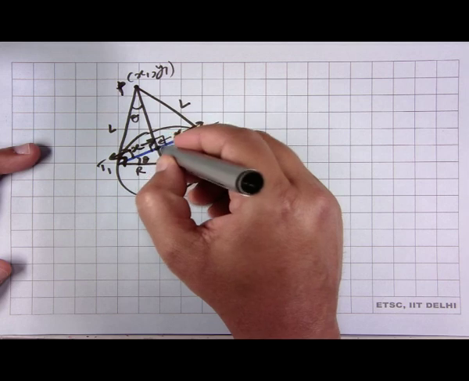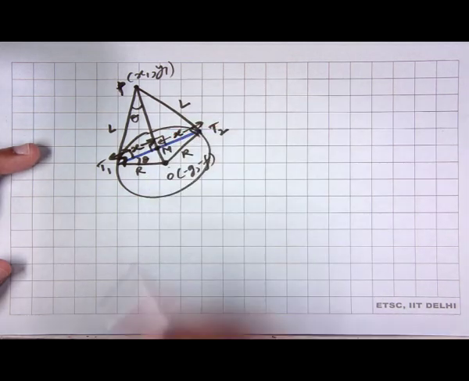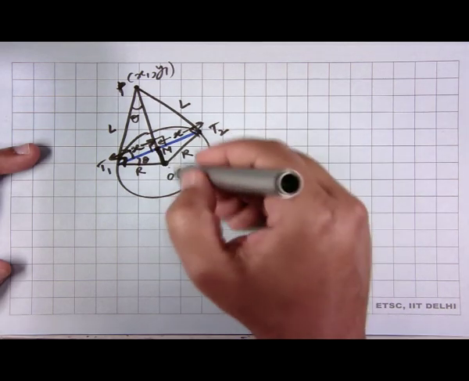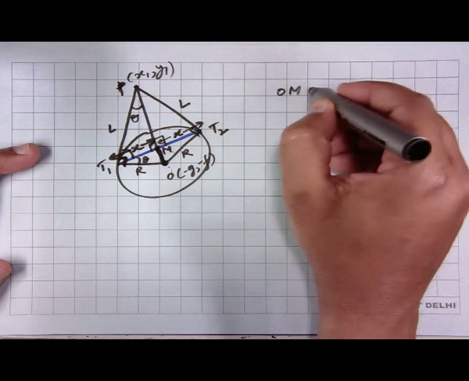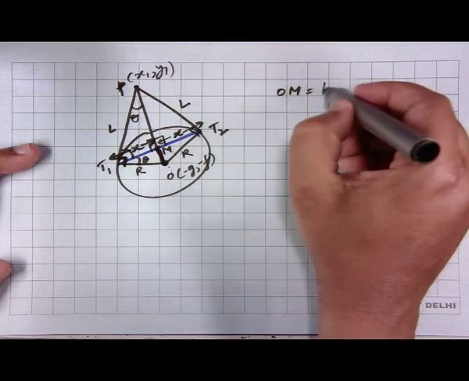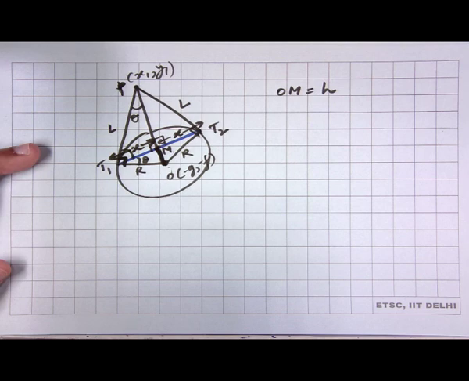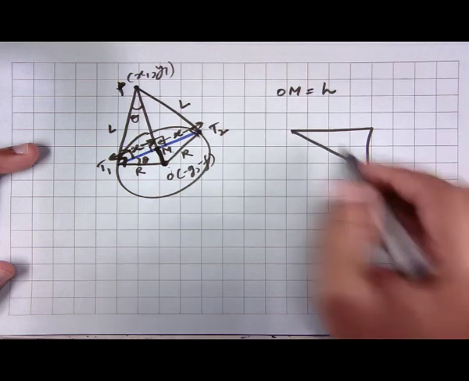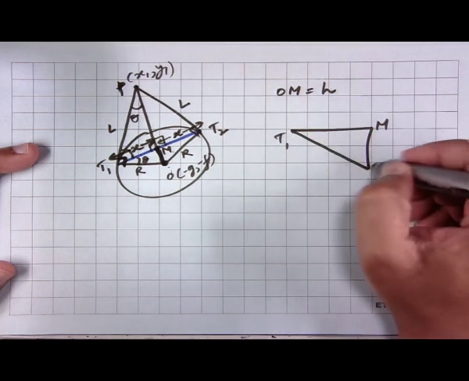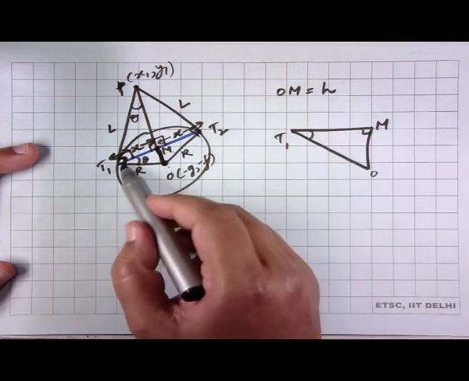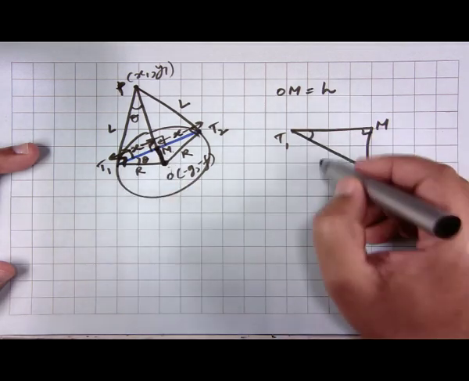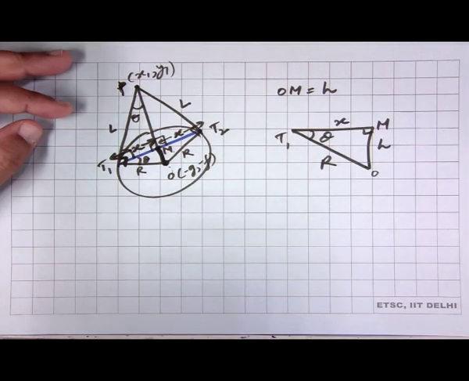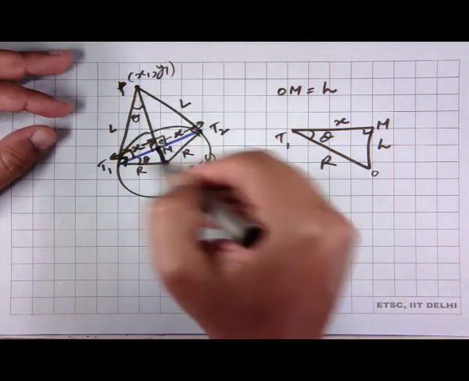So, let this midpoint be M, and let us denote this small length OM by H. So, we have this triangle T1MO, and we also have the triangle PT1O.